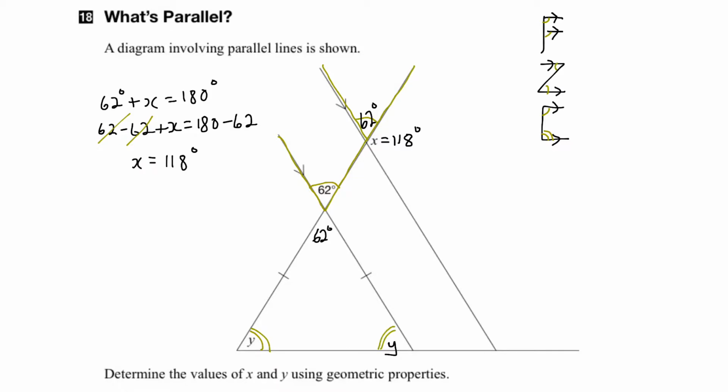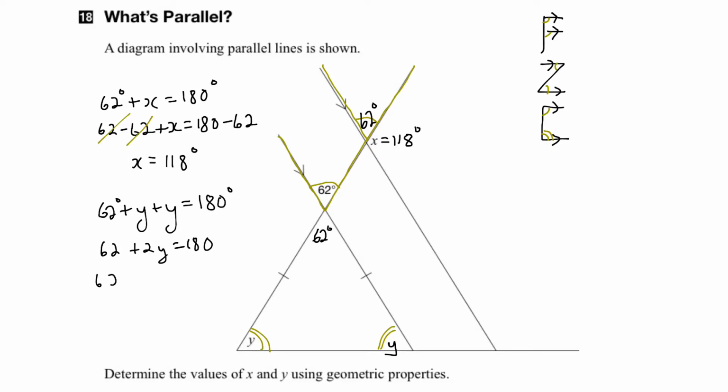Now we also know that the sum of the angles of a triangle adds up to 180 degrees. So we can say here that 62 degrees plus y plus the other angle y add up to 180 degrees. We can solve this equation. So 62 plus 2y equals 180. Subtract 62 from both sides.